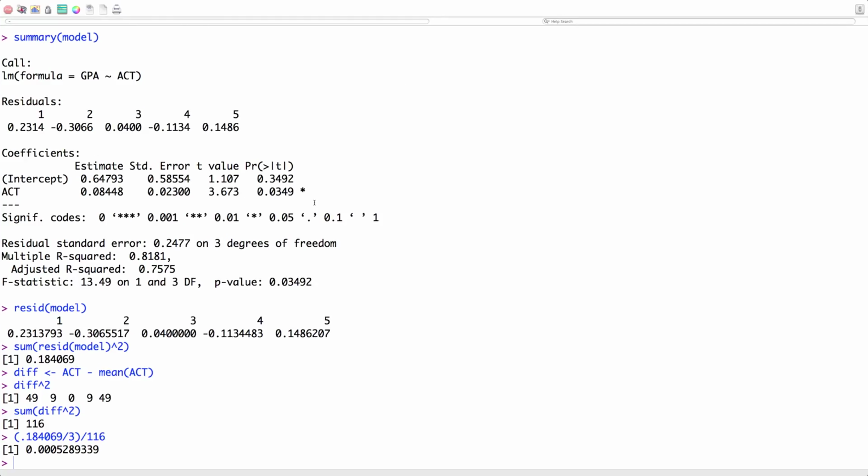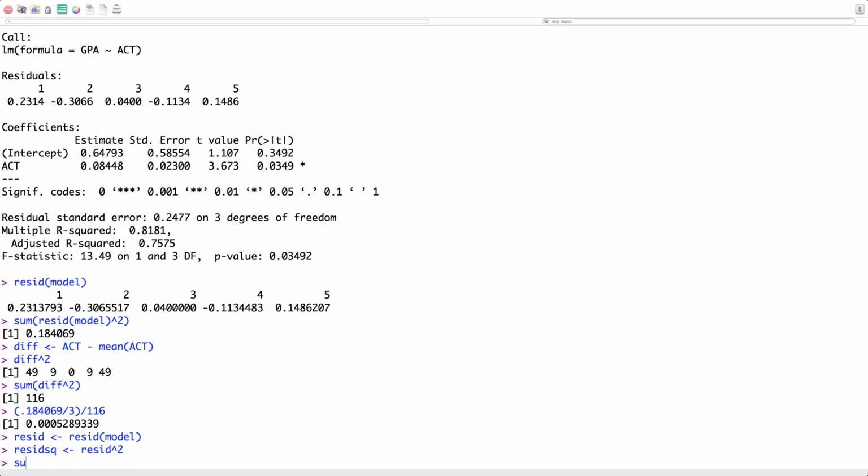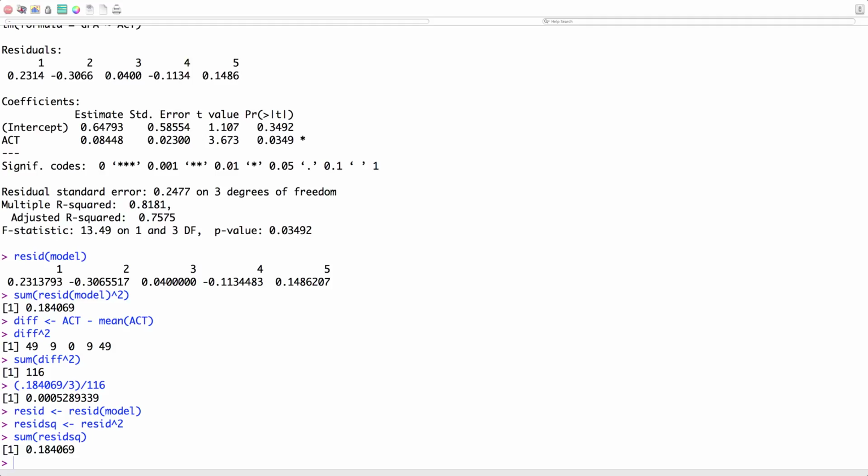Well, this is always fun. Let's do our residuals again. Let's do the residuals of our model squared, and let's do the sum of resid squared: 0.184069.